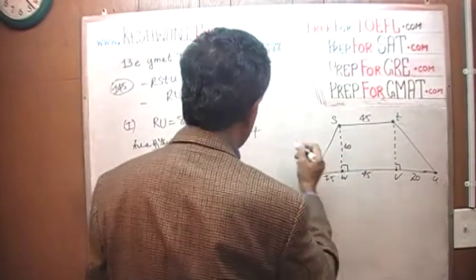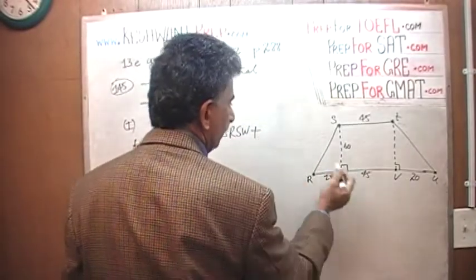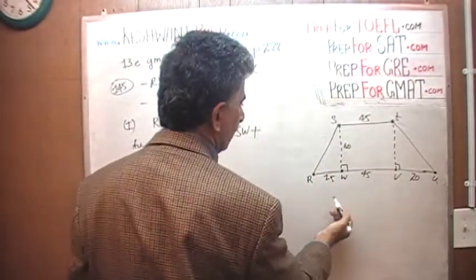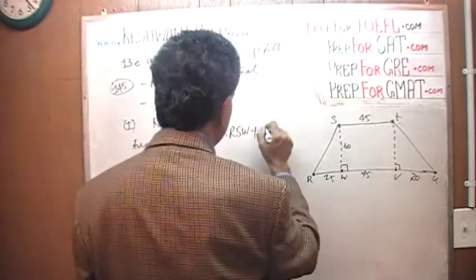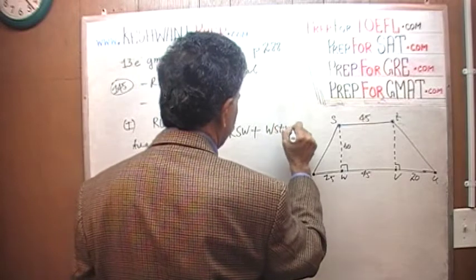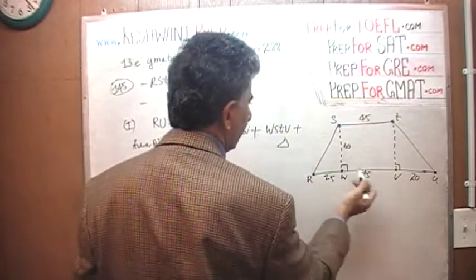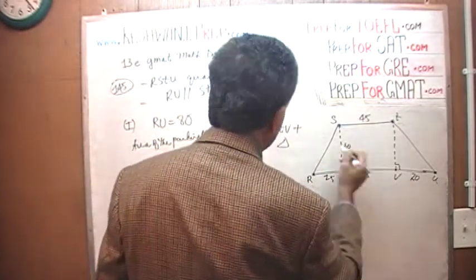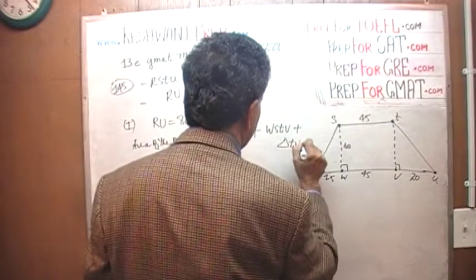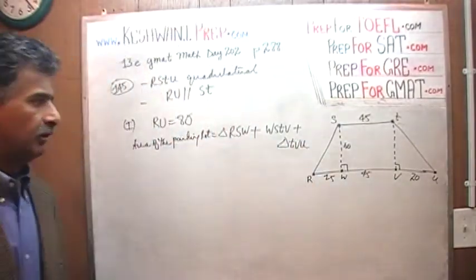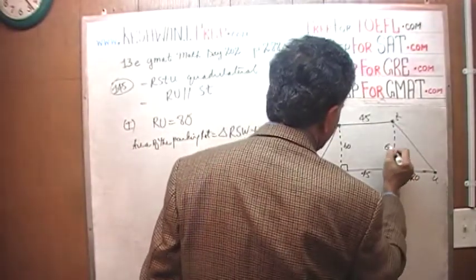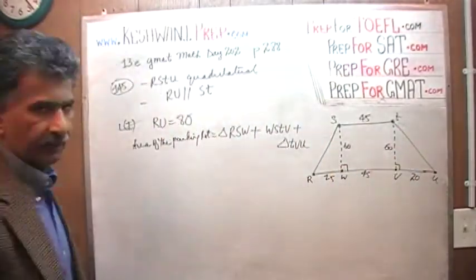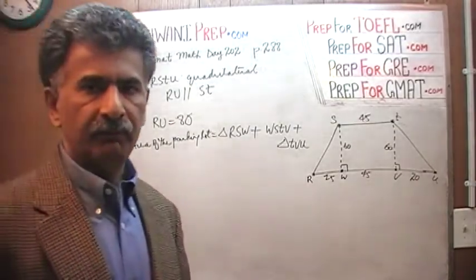We can figure out the area of the rectangle WSTV, and we can figure out the area of the triangle TVU. All of those can be very easily calculated because from here to here is also 60. That's it. The first statement by itself is enough. First statement by itself does the job beautifully.